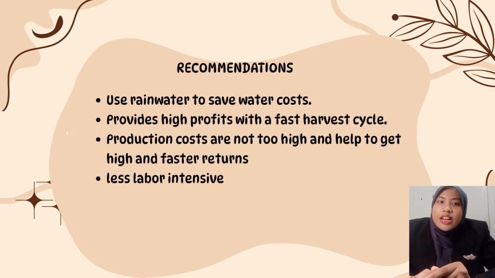Next, production costs are not too high and we get high and faster returns. And lastly, about recommendations, we have less labor intensity, so this can save money on paying workers.